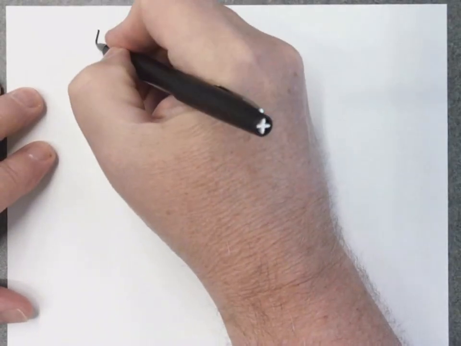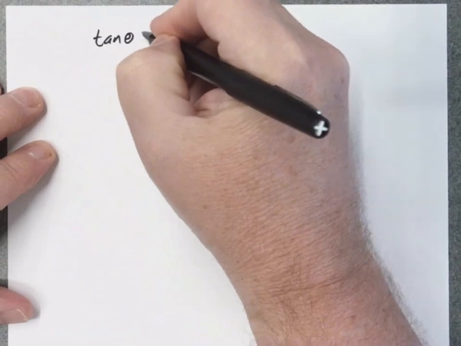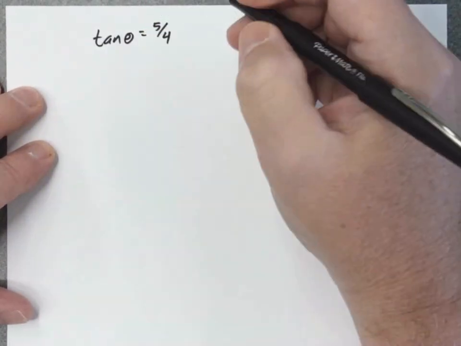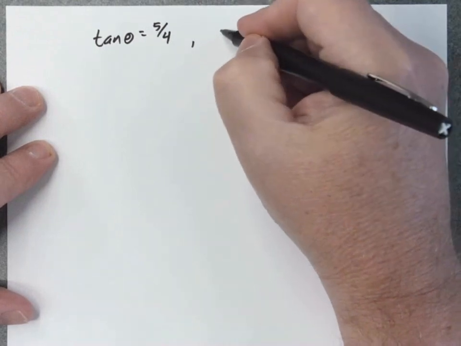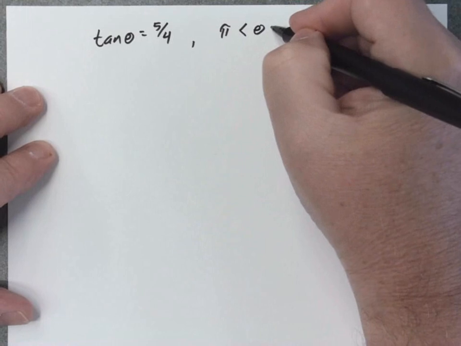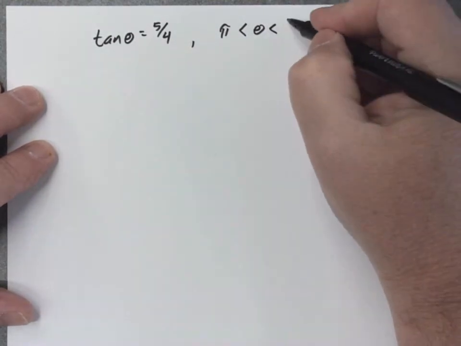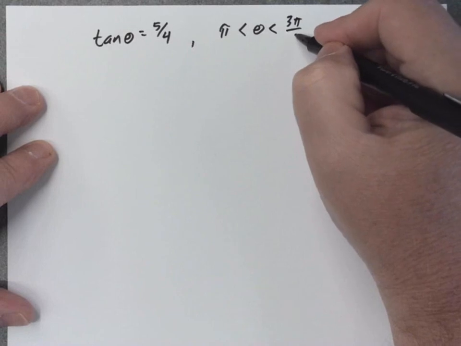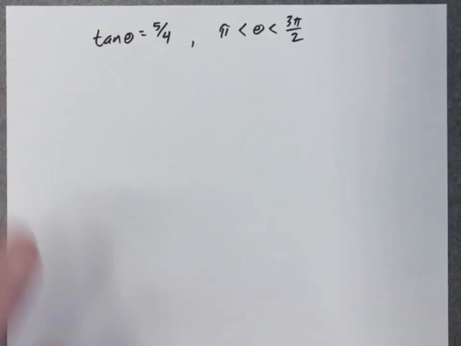So they tell us that the tangent of theta is 5/4. Now this information they give us here is important because this tells us what quadrant theta is going to be in.